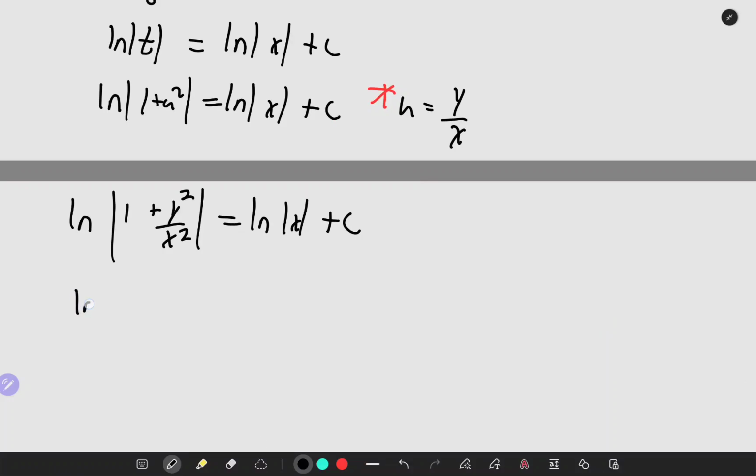I can simplify the inside here. This would become (x squared plus y squared) over x squared, which honestly, I didn't have to do that.